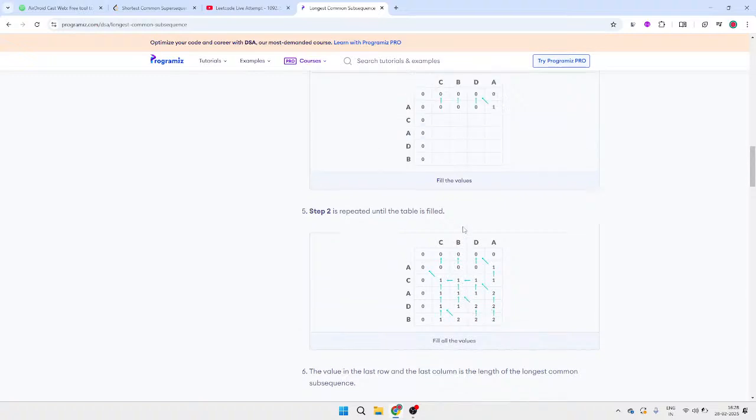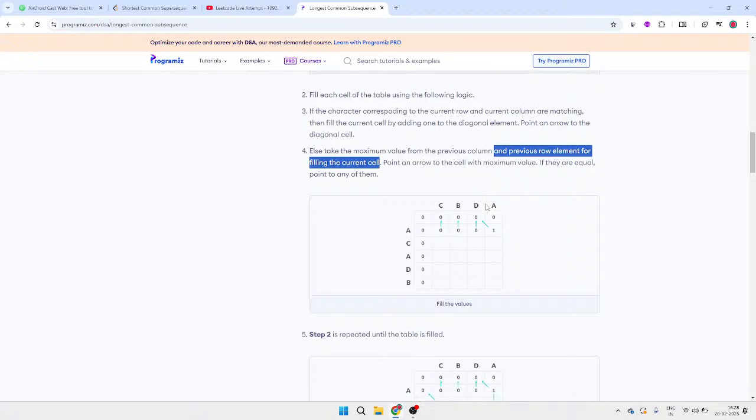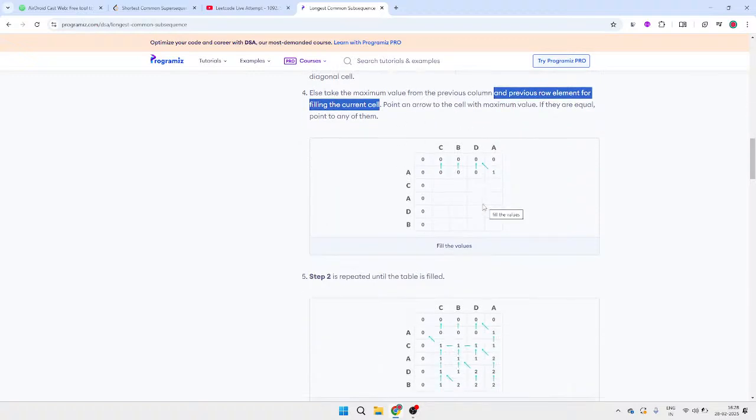Here, I think they want to say the maximum value from the previous column and previous row element.